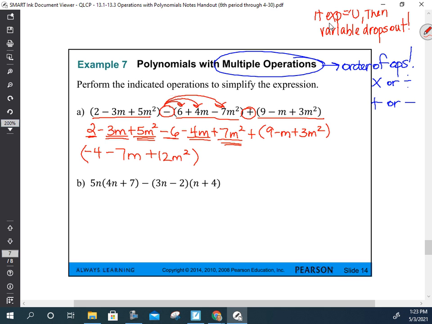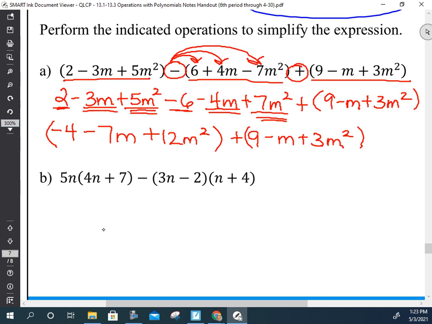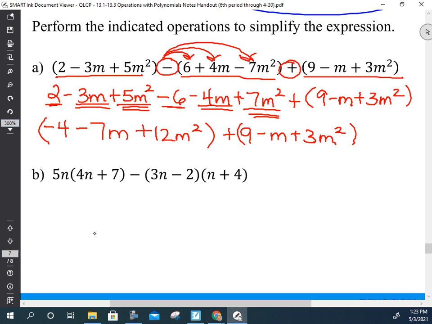Remember, when you add or subtract, the exponents do not get touched. Any questions before we finish off the problem?